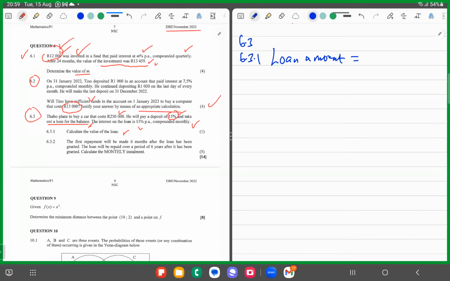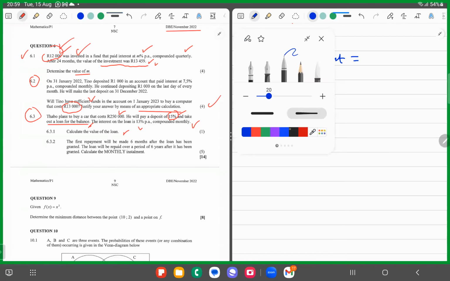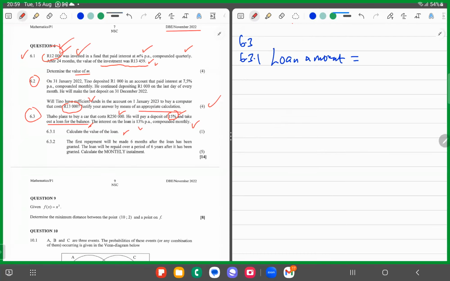You can just say 250,000 minus, so you pay the deposit of 15%, which means 15% times 250,000, which gives the loan amount.